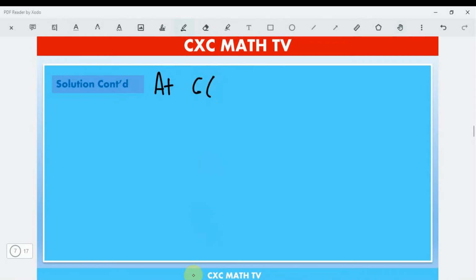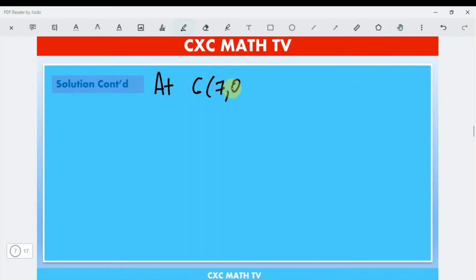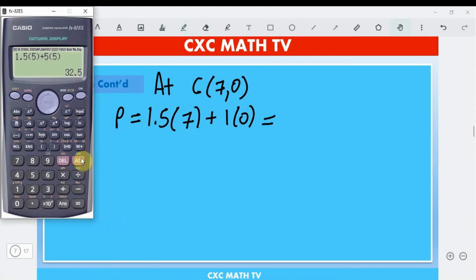So at C, C is the point 7, 0. So at 7, 0, the profit would be 1.5 times 7 plus 1 times 0. 1.5 times 7 is, I don't know, I'll take out the calculator. 1.5 times 7, and we're getting 10.5.